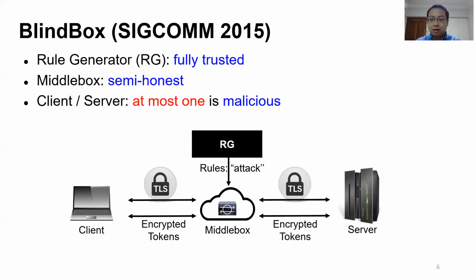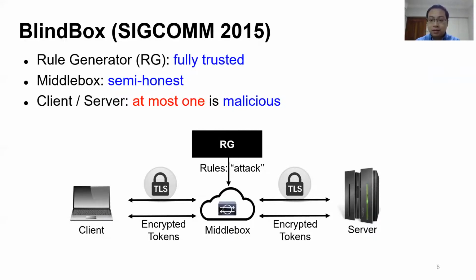For the client and the server, we assume that at most one of the 2 endpoints is malicious, but not both. Such an attack is the same as the attack in the traditional IDS or IPS, whose main goal is to evade detection.